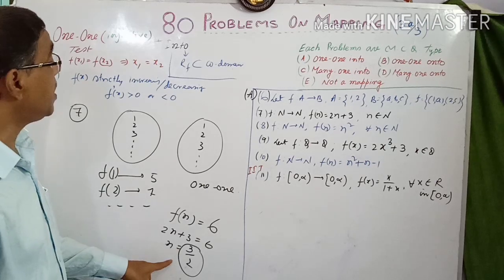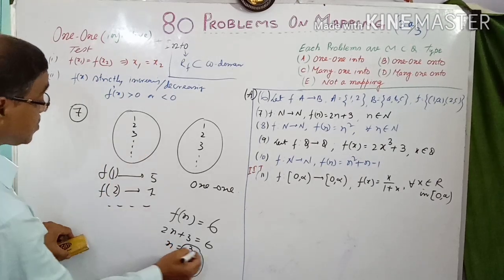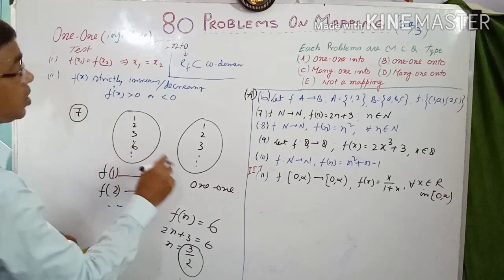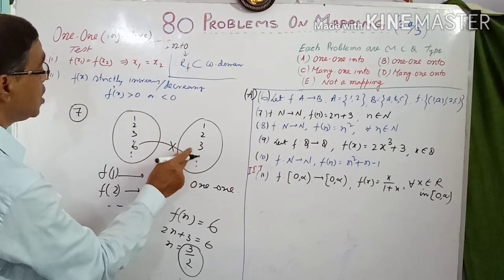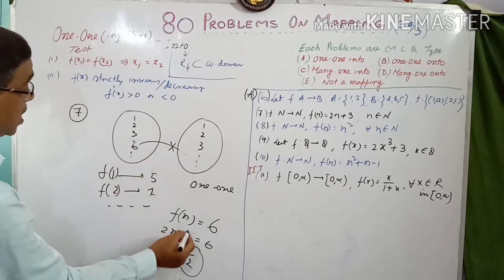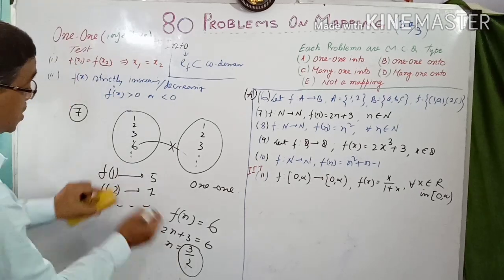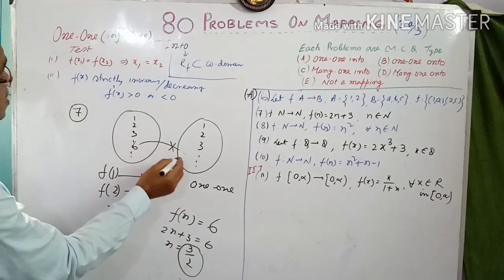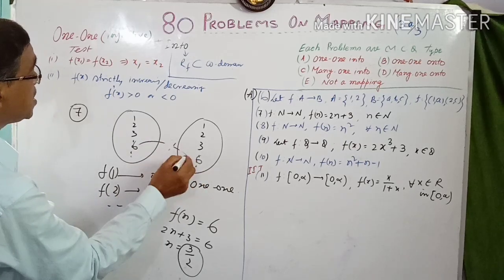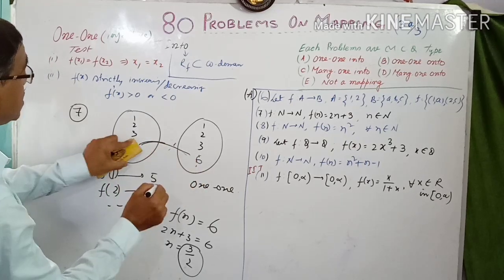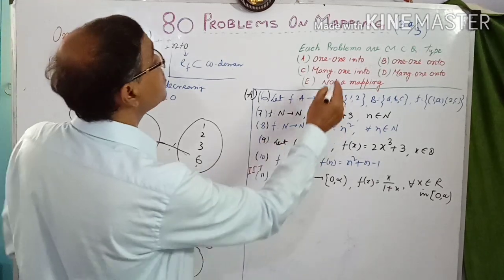N is a set of all natural numbers. So here also 6 or any other element has no images. 6 has no pre-images. So it is also 1-1 into.